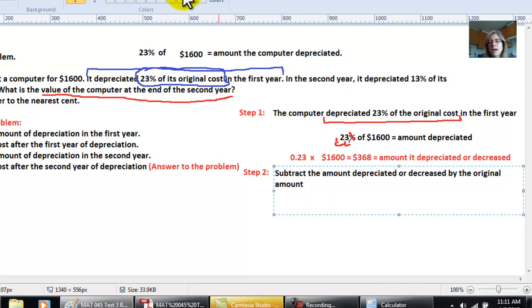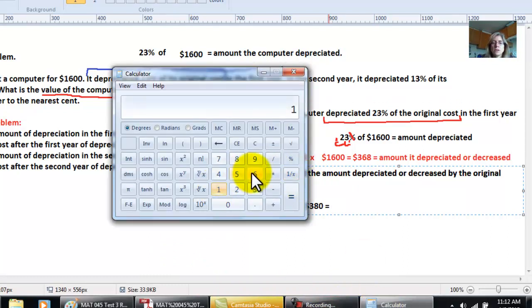So let's make that into a math problem. We take the original amount, which is $1,600, and we subtract how much it depreciated in the first year, which is $368. That gives us a new total that the computer is actually worth. On our calculator, we have 1,600 minus 368.